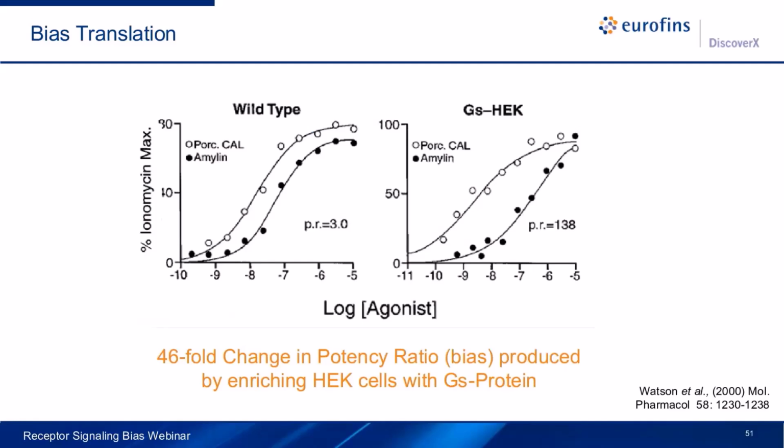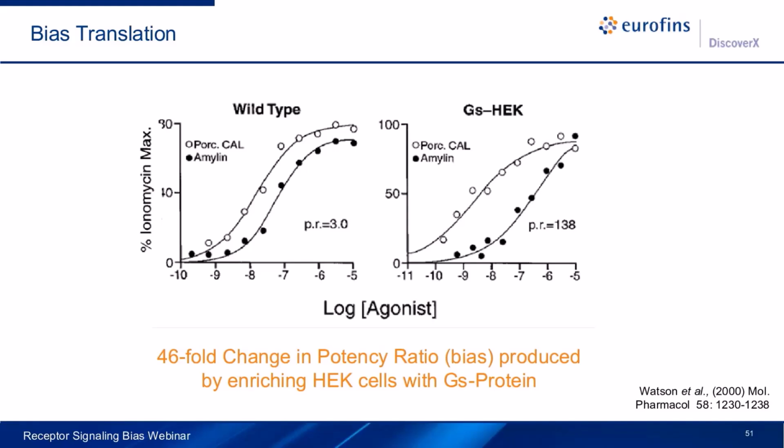I'll show you an example from our work years ago. We were interested in the calcitonin receptor, which was expressed in a HEK cell. And so we would have a relative potency of porcine calcitonin to amylin. And then we did the same experiment in a HEK cell. The only thing we did was we enriched that HEK cell with added GS protein.